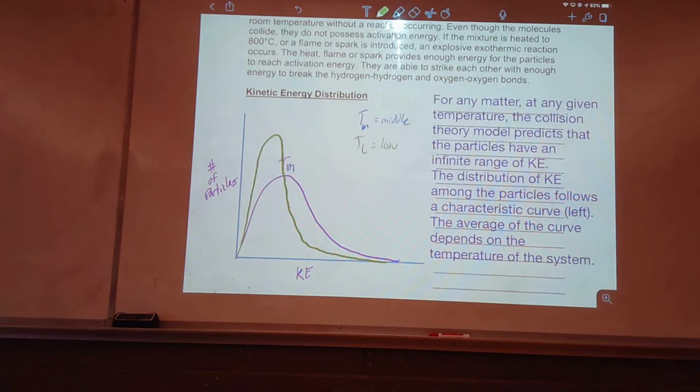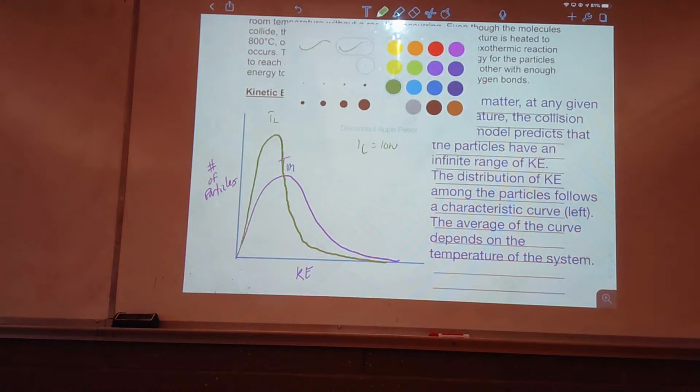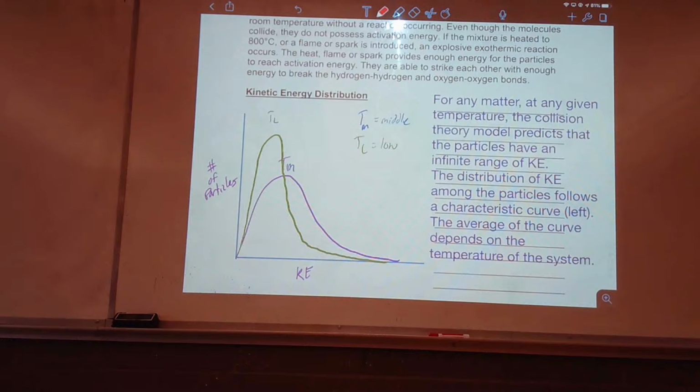And so now what do you think about T high, the high temperature range? Do the opposite. You go to the right, you shrink down. And so T high will be something that looks more like this.